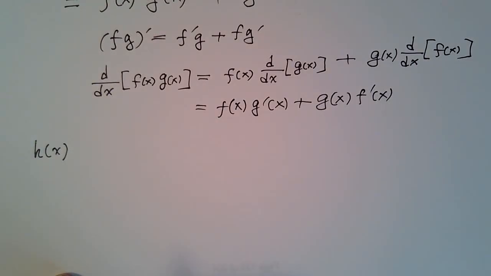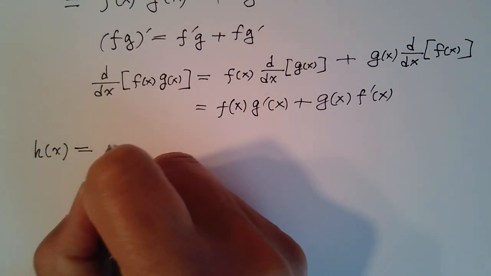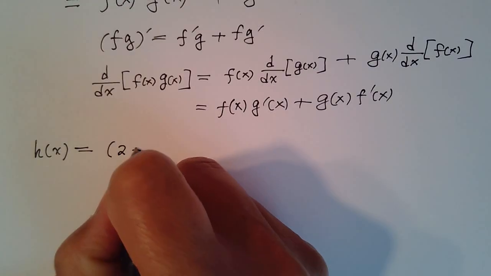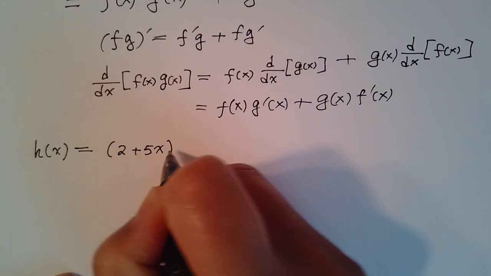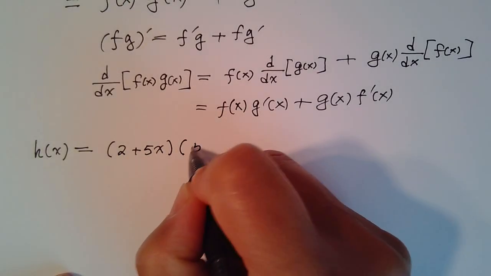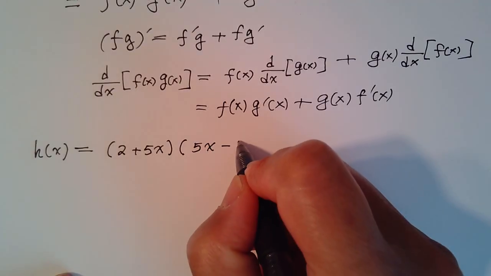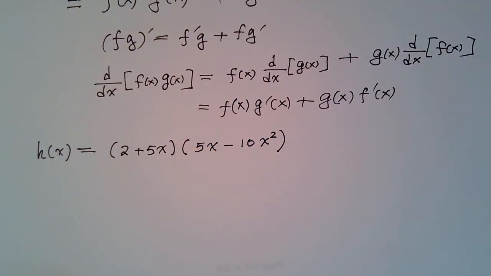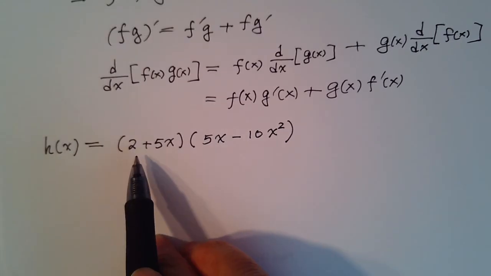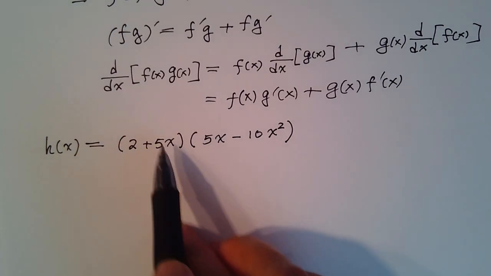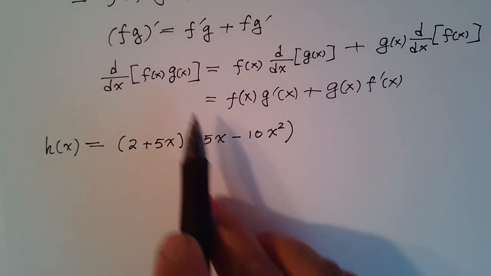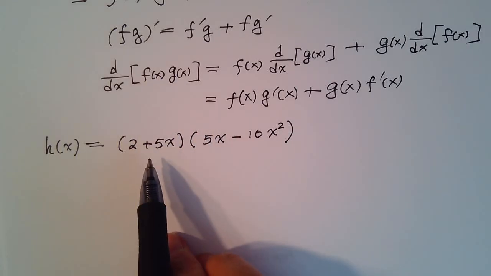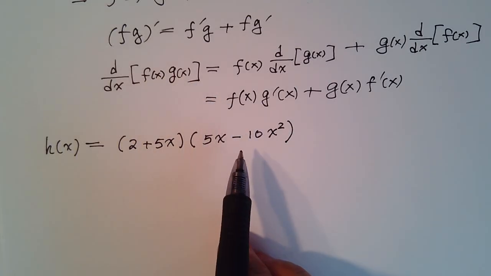That's a function, and this function is (2 + 5x) multiplied by (5x - 10x²). It looks like h of x is the product of two functions. So f of x is this one, and g of x is this one.